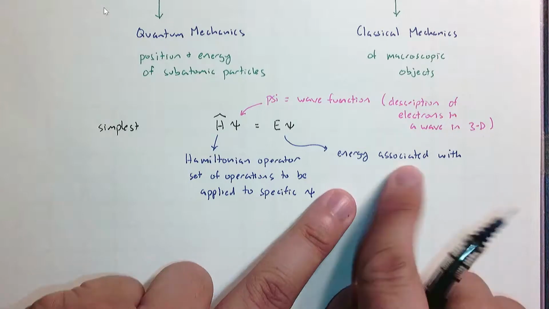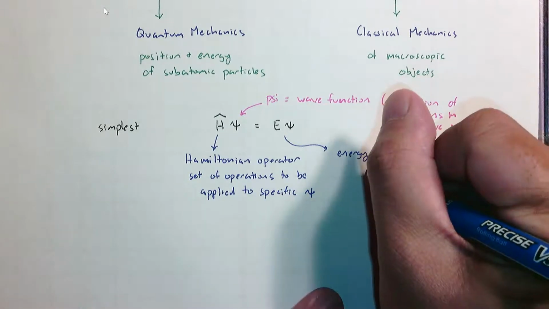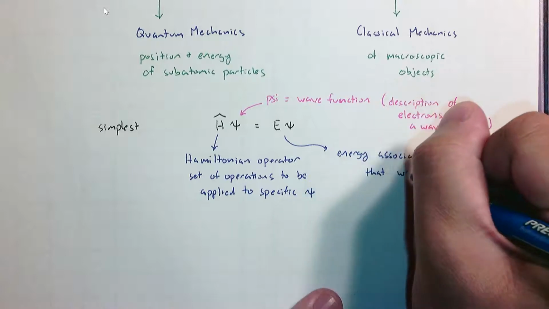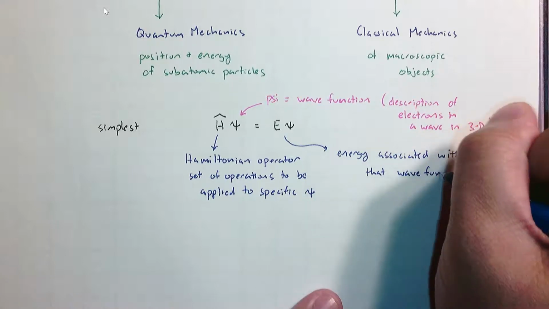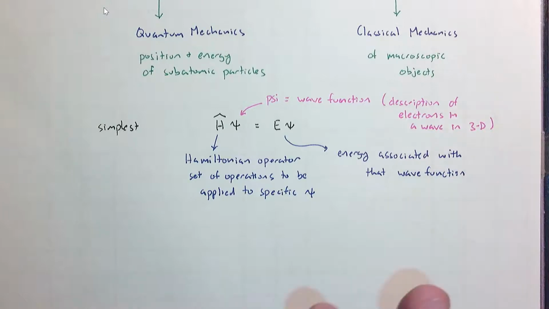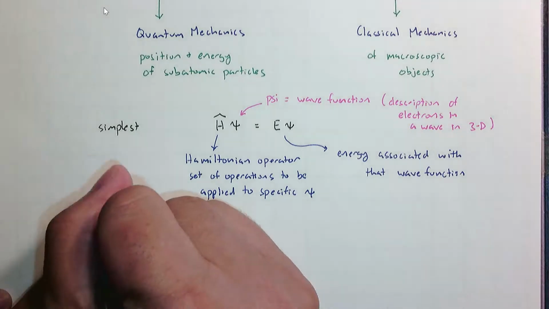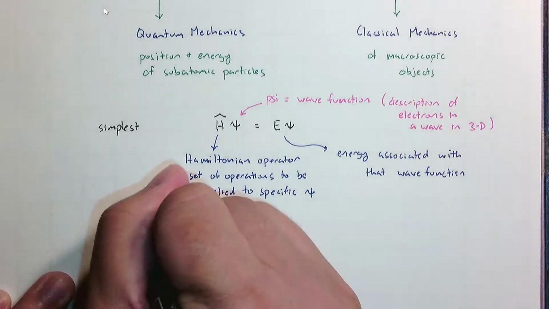So this is the energy associated with that wave function. Don't worry, I will tell you what the most important parts of this equation are and what we can extract from it. But before I do that, let me show you more complicated or more expanded forms.